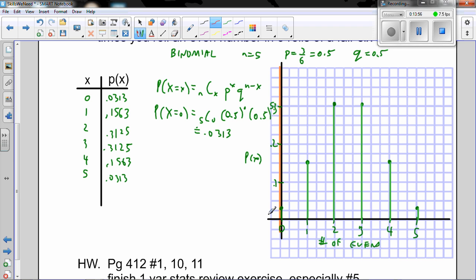In fact, the theoretical graph that this looks like would be if I put a nice smooth curve through all the points. It kind of looks like that, I'd say. And this is a very, very important shape.